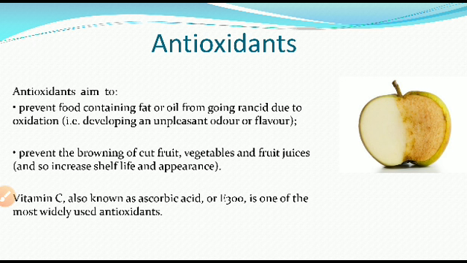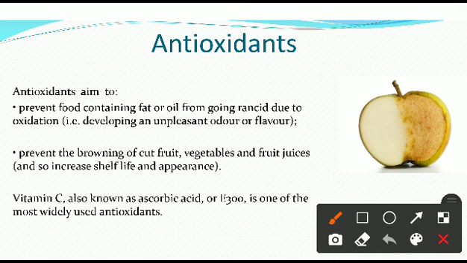Next, there is the antioxidant. This aims to prevent food containing fat or oil from going rancid due to oxidation, and to prevent the browning of cut fruit, vegetables and fruit juices. You can see in this picture an apple: whenever it is exposed to the air, it turns brown in color.